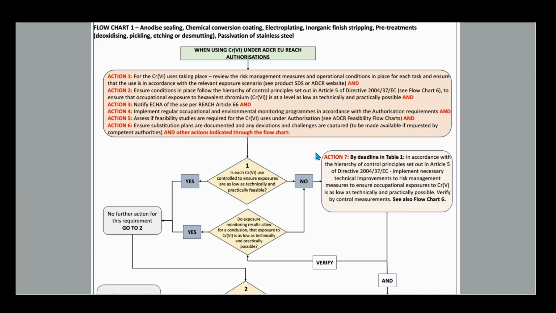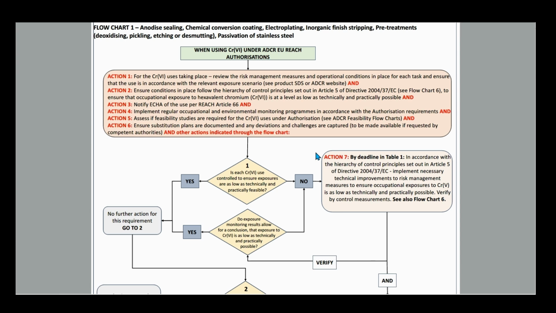For installing the technical improvements, a use-specific deadline of either 28 October 2025 or 20 January 2026 is given in Table 1. As said before, the hierarchy of control principles will also be explained in detail later in this presentation.